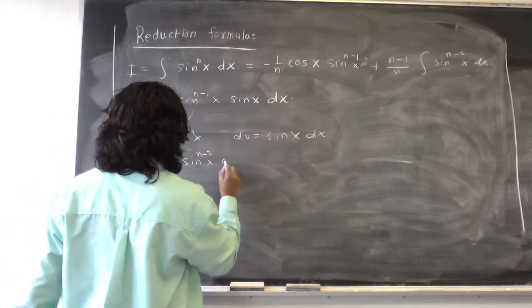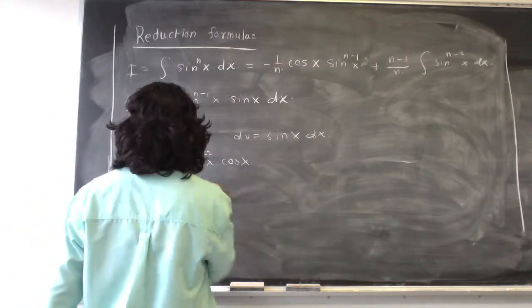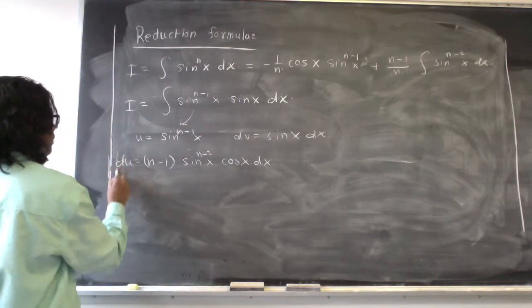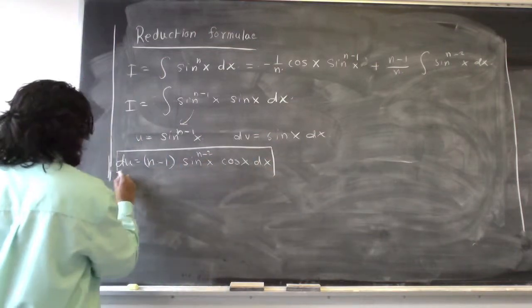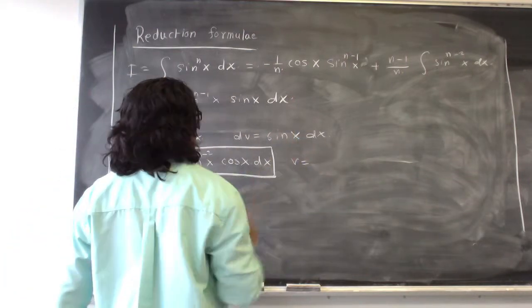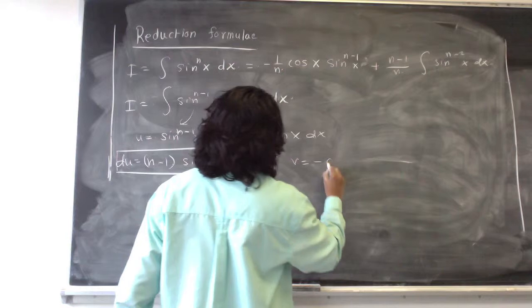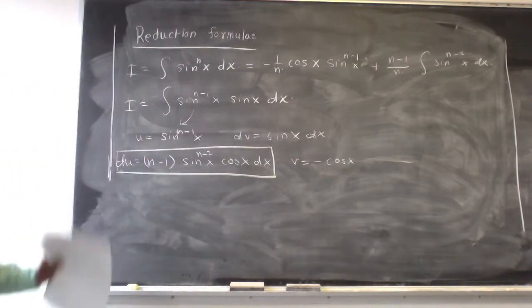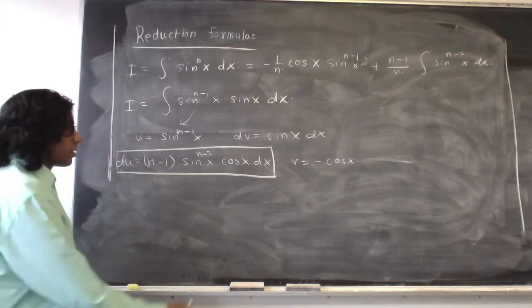The derivative of sine is cosine of x, and then dx. So that is du. v becomes the antiderivative of sine, which is minus cosine of x. Okay, so we are ready to apply our integration by parts formula.